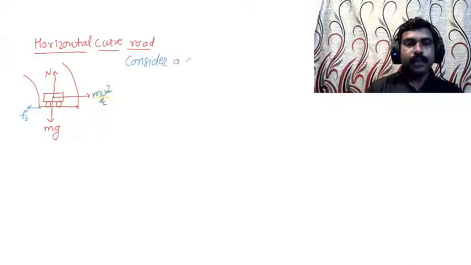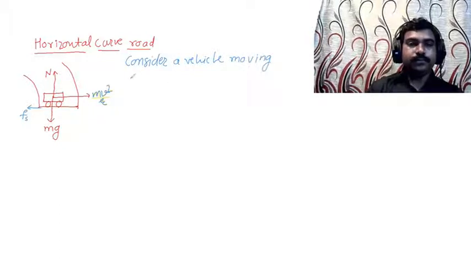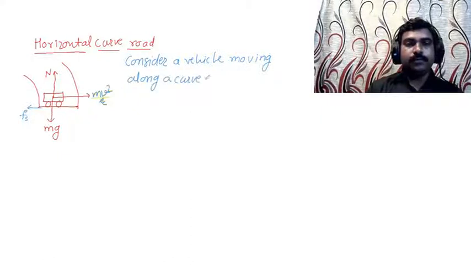Now consider a vehicle moving along a curved road of curvature radius r.